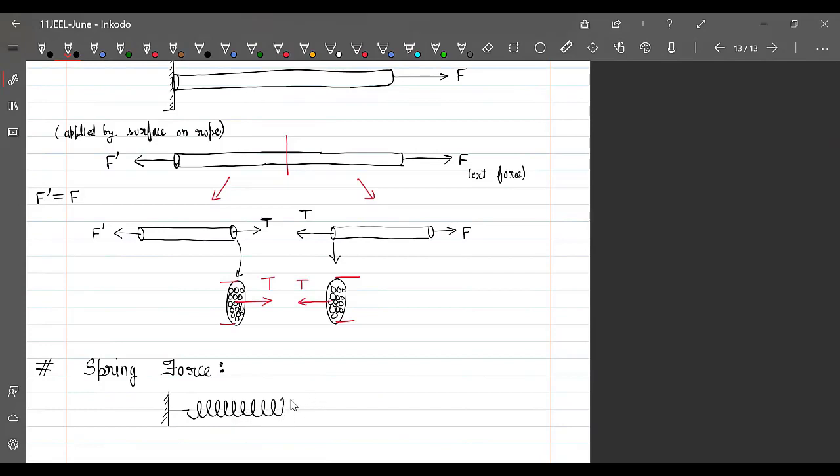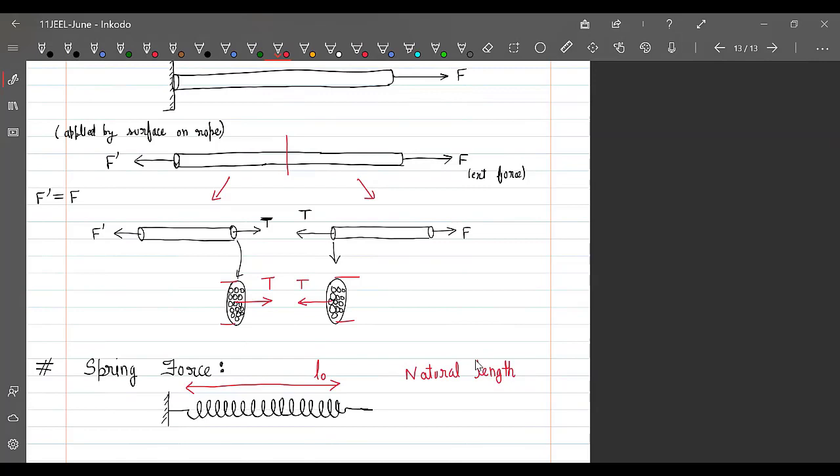It is just at its free state, and the length of the spring in the free state is called its natural length. When no force is applied at its end, this length we call L naught. L naught is called the natural length.